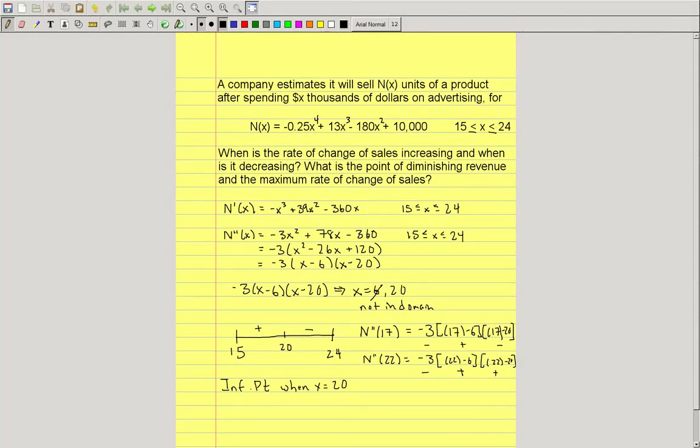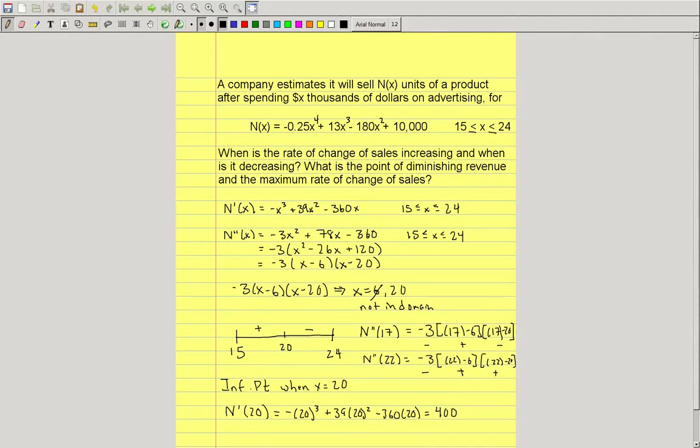Lastly, what we'd like to do is to determine the maximum rate of change of sales for our function. This rate occurs when we evaluate the first derivative at 20, the location of its local maximum. So we plug 20 into our first derivative formula. And after a little bit of arithmetic, we will see that this value is equal to 400.